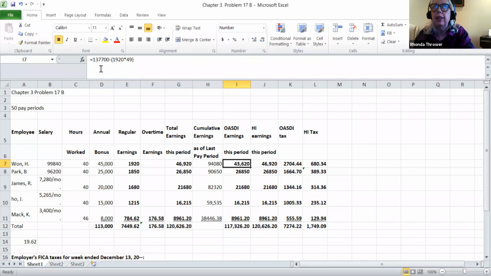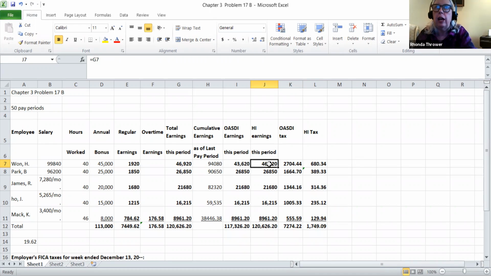So we took the ceiling and we subtracted the cumulative earnings as of the last pay period, which was $94,080 from that. That gives you the taxable amount for OASDI. We would multiply the OASDI taxable earnings by 6.2% to give us the OASDI tax.